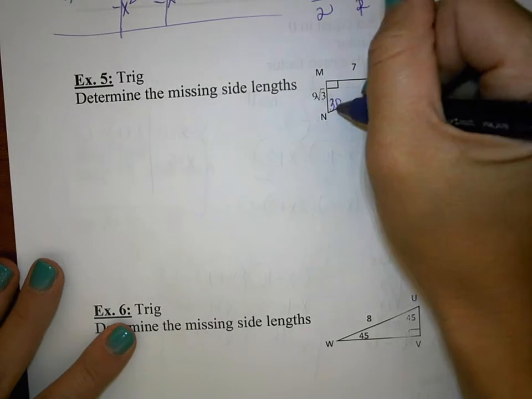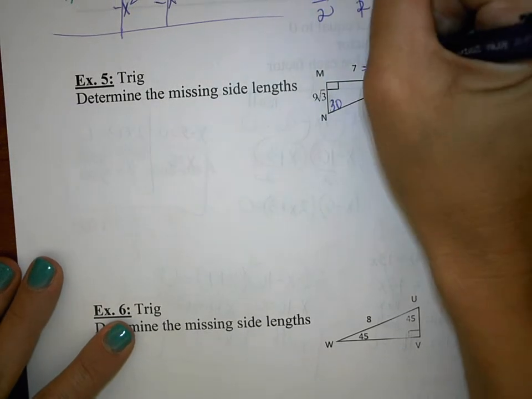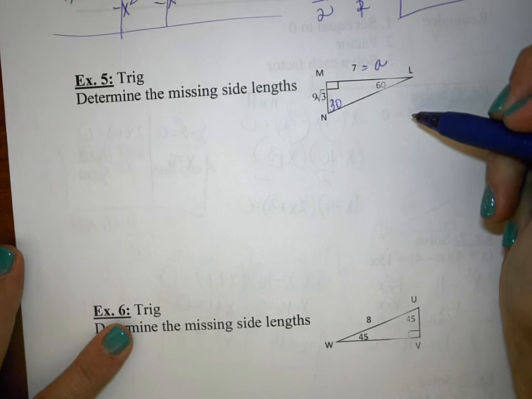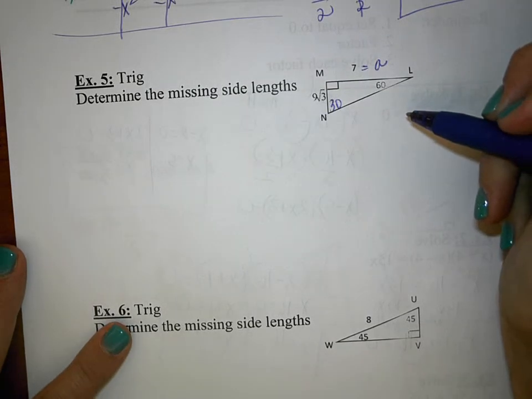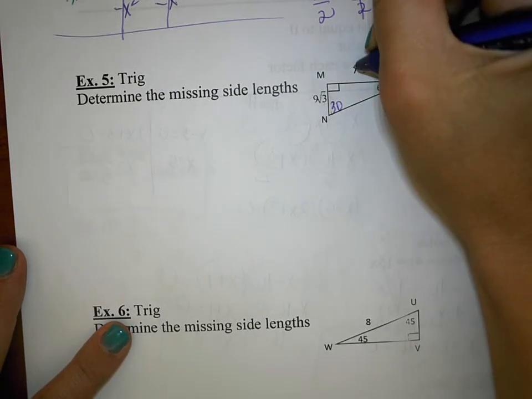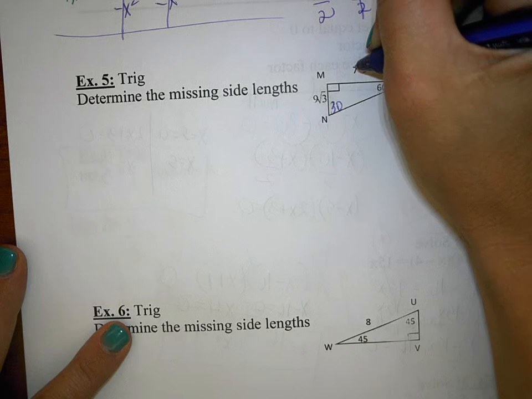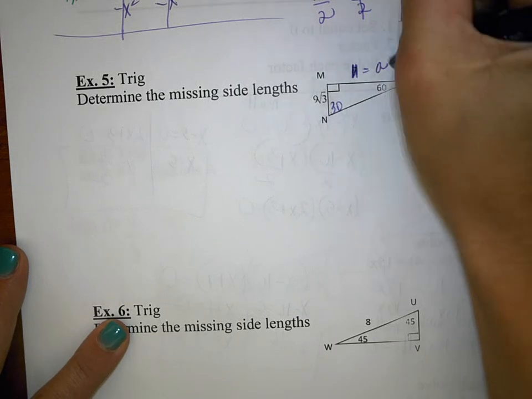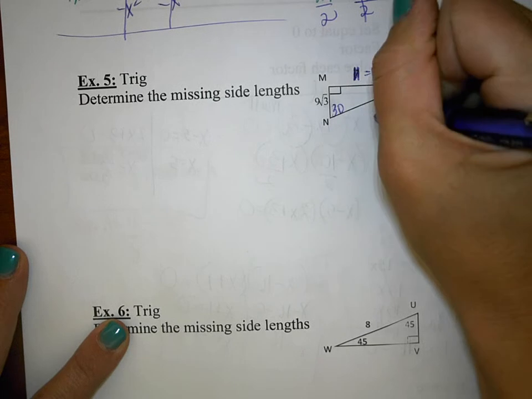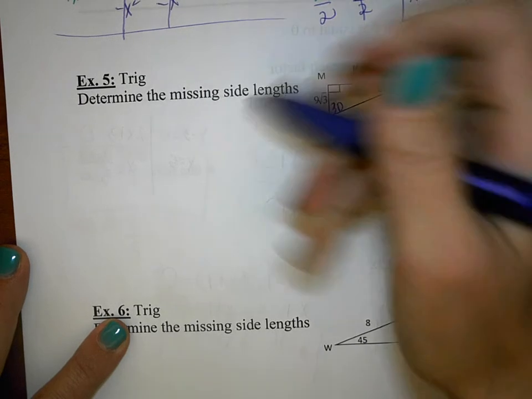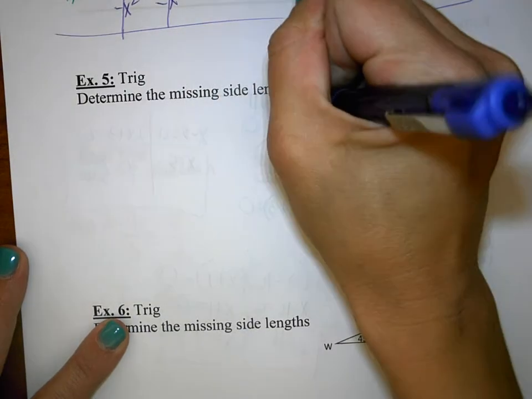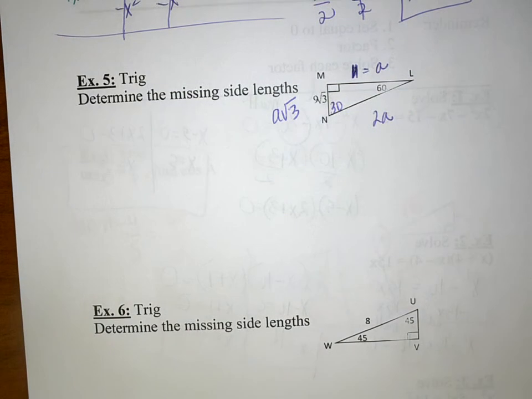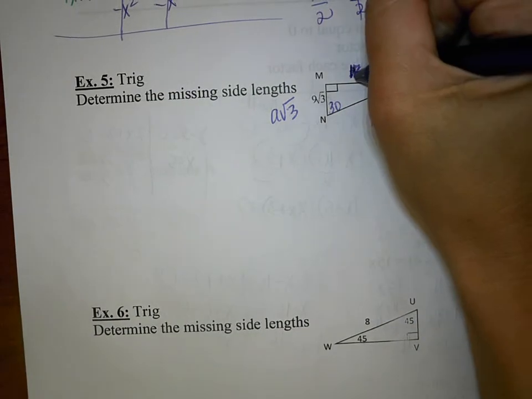Across from your 30 is your A. This should not have had a 7 here. I think I made an error here. Okay, sorry. So this is my A. Across from my 90 is my 2A. And across from my 60 is my A root 3. So cross out that 7. Sorry about that.